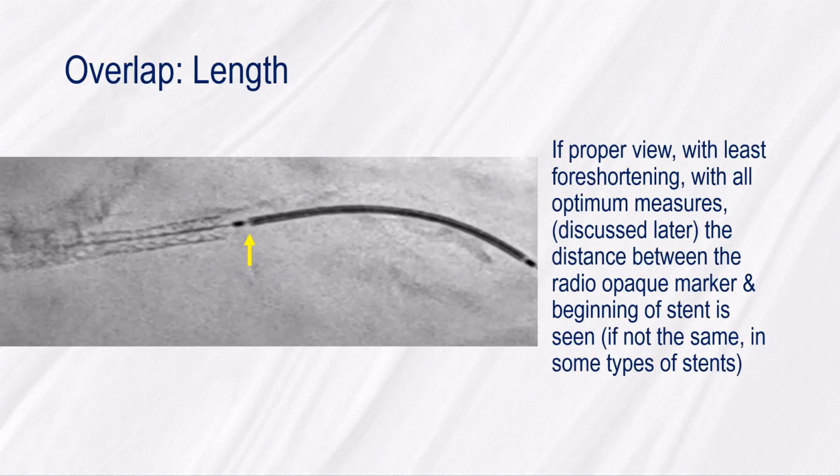Regarding overlap area, with a proper view with least foreshortening and all optimum measures, which are discussed later, the distance between the radiopaque marker and the beginning of the stent is seen, though not the same in some types of stents.